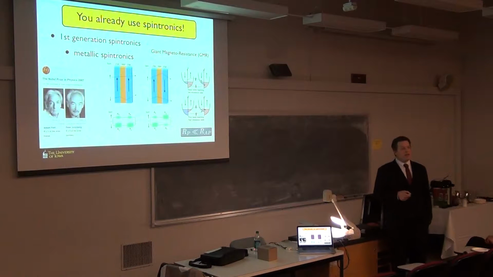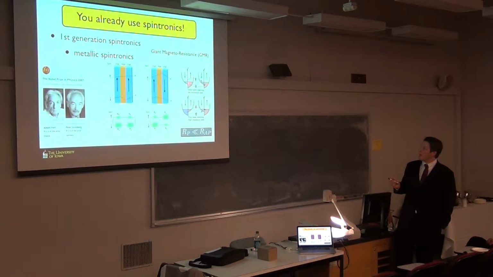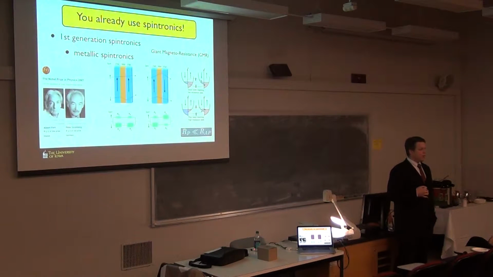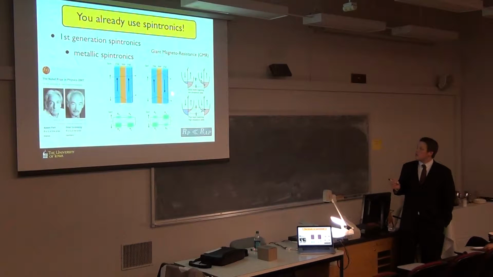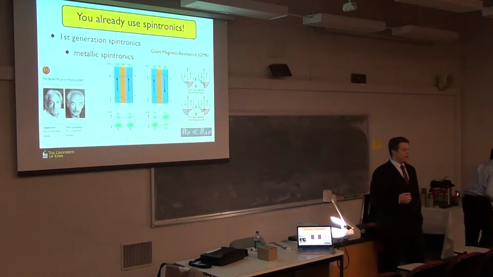When the two magnetizations are parallel, you can think about this as good band matching between the up bands and the down bands. This allows for a lot of current to flow in a low resistance state. Whereas if you have them anti-parallel, your bands are poorly matched and you have a high resistance state.